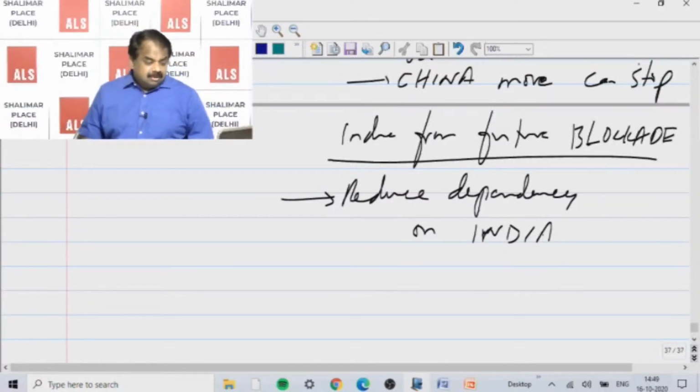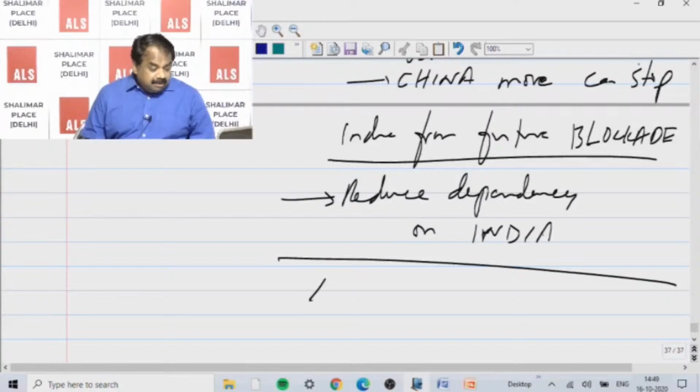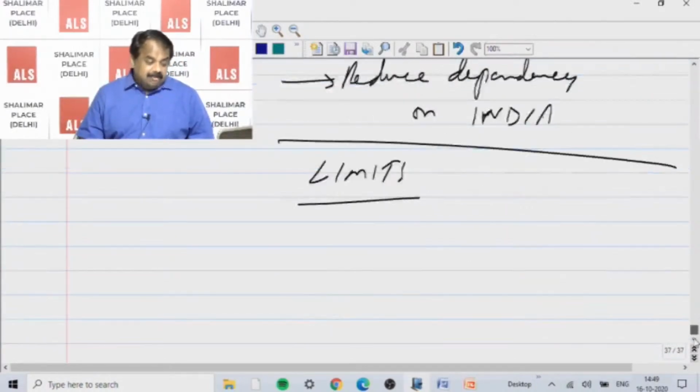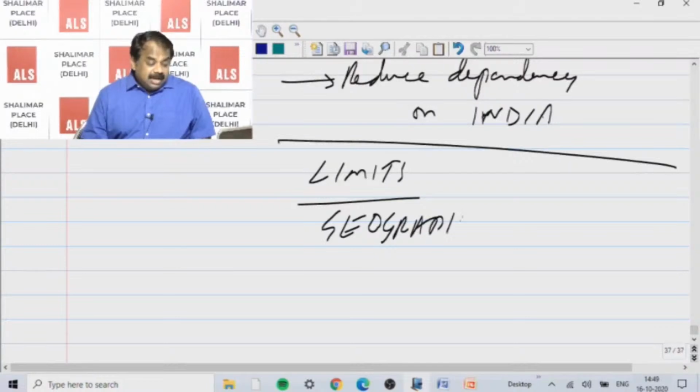But the problem is, there are limits. Despite all these things, geography is a factor. We cannot ignore this. Even though we have said that China can do a lot in Nepal and Nepal can do many things, again, geography is not that easy to overcome.